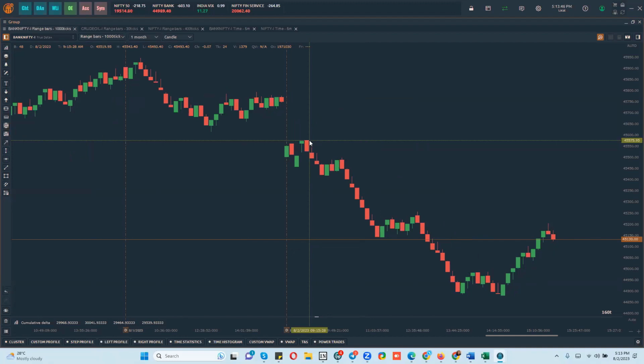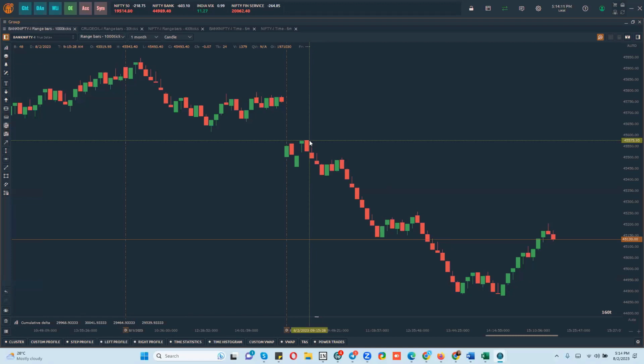So I will tell you how to select the number of ticks. There is no hard and fast rule as such. But if you look at the daily ATR, and suppose the daily ATR comes to about 500 points, the everyday movement in Bank Nifty, you can simply divide that by 10.